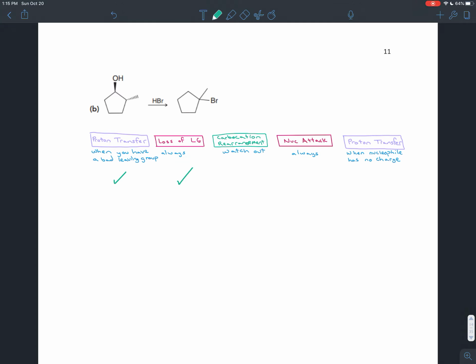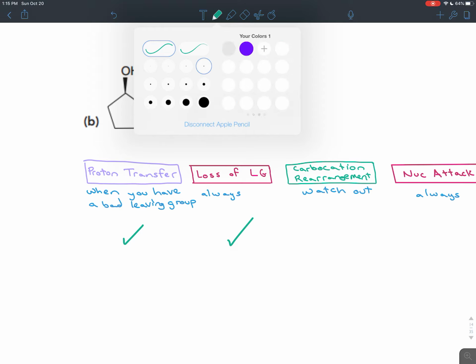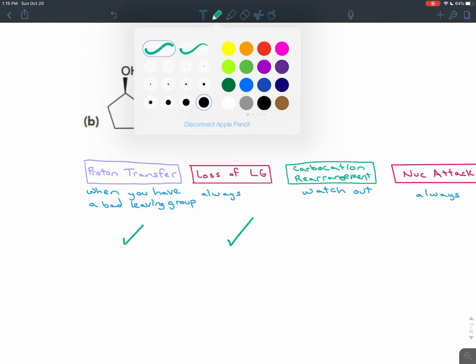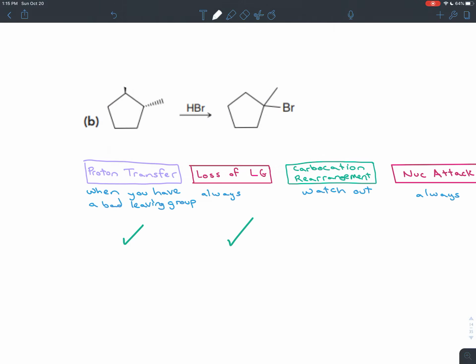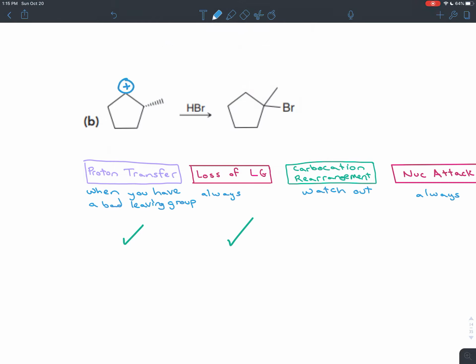You always have to do loss of a leaving group. And then with carbocation rearrangement, take the leaving group off and imagine that a carbocation was there in its place. And then ask yourself, is that the most stable carbocation compared to each of the carbons that's adjacent?